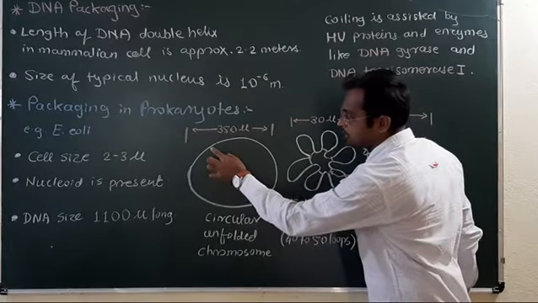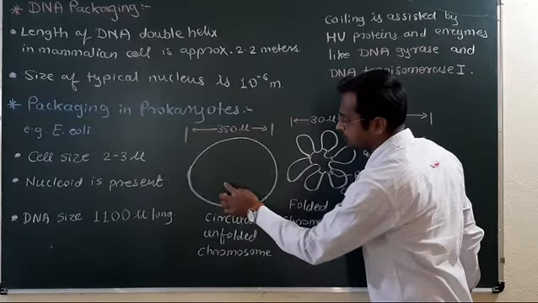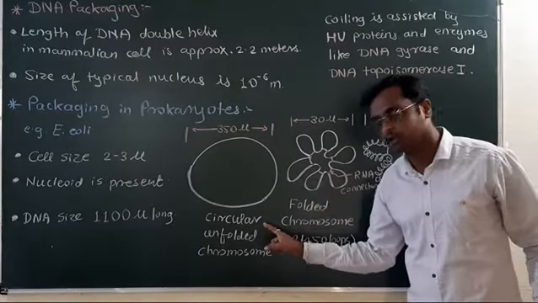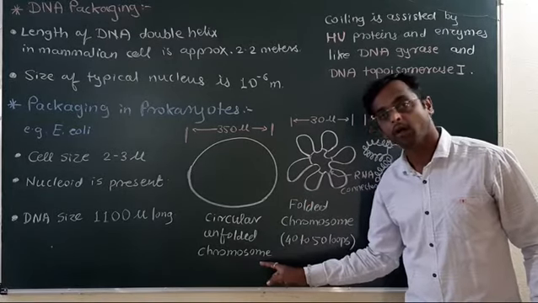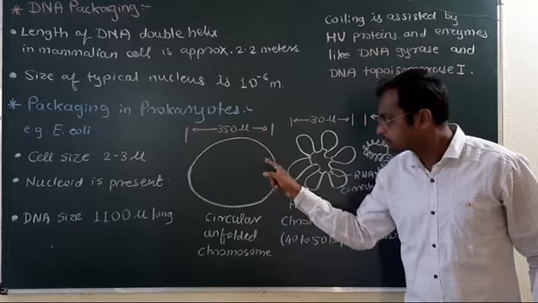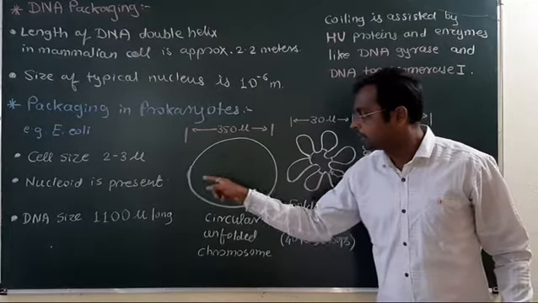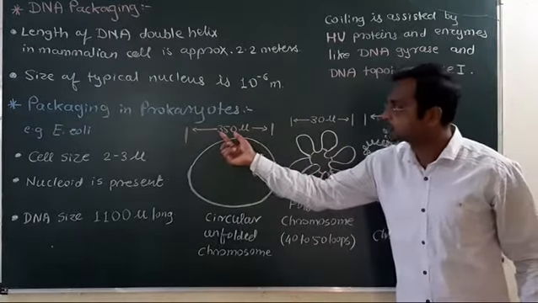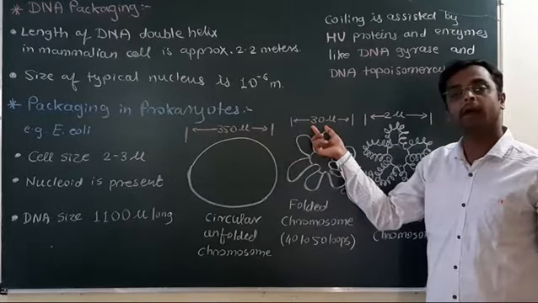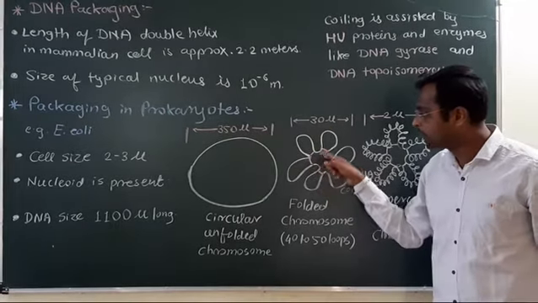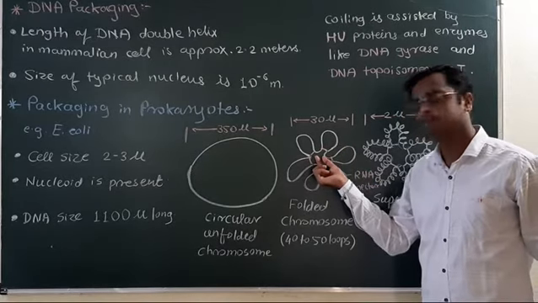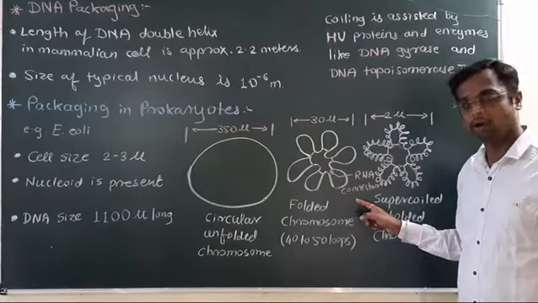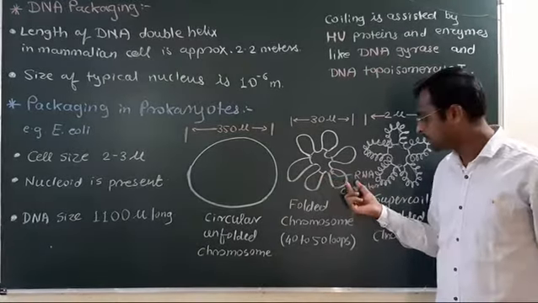This forms loops inside. Now see this figure. This is the folded chromosome, and this is the circular unfolded chromosome. The foldings are created here to reduce the size. These foldings reduce the size from 350 micron to 30 micron, and these folds are assisted by RNA connectors.